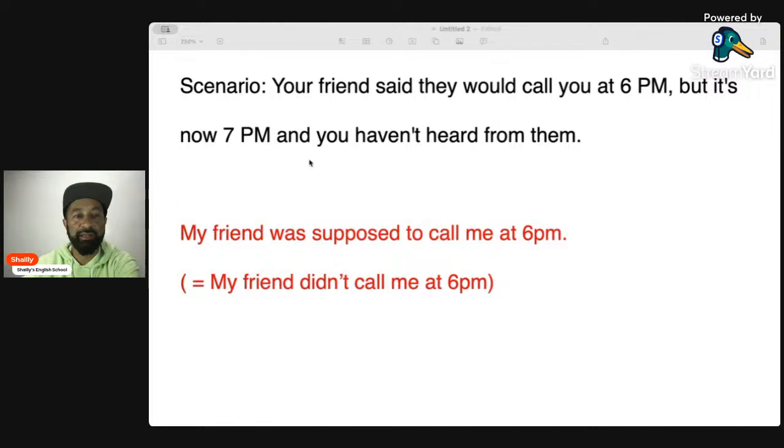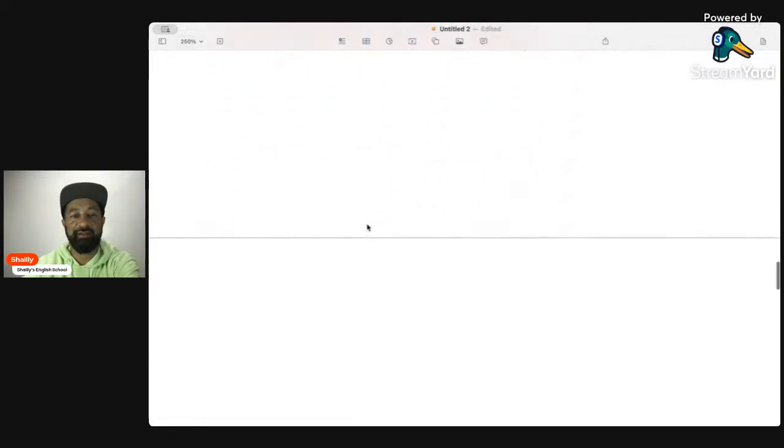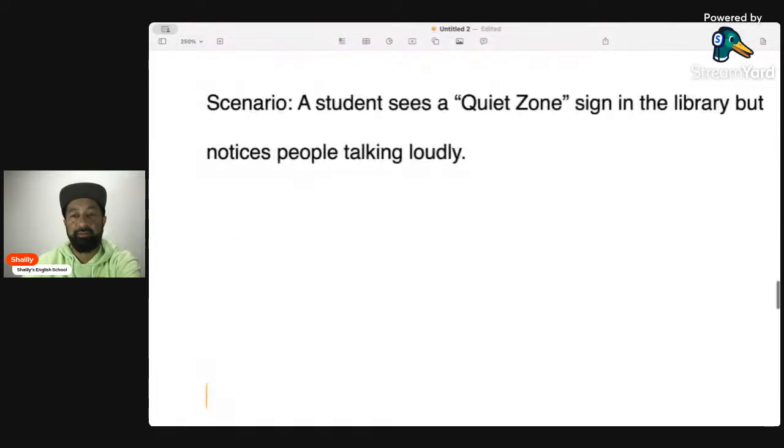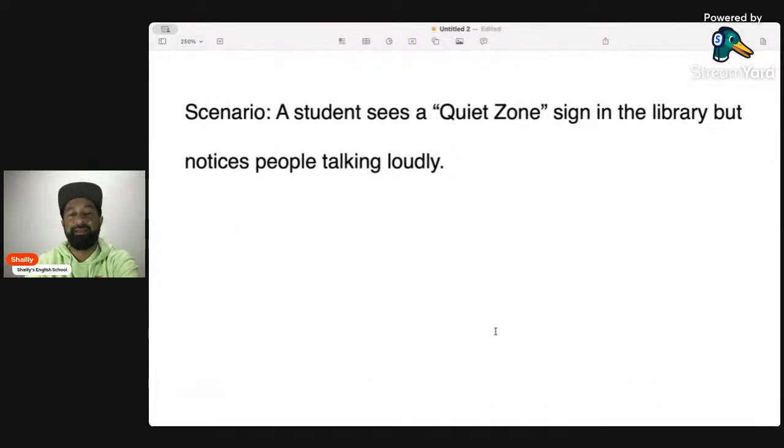Okay, so let's look at the next scenario. A student sees a quiet zone sign in the library, but the student notices that people are talking loudly. So in this situation, what sentence can we make using be supposed to?